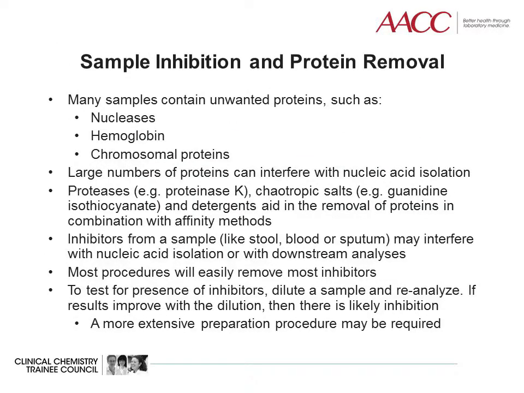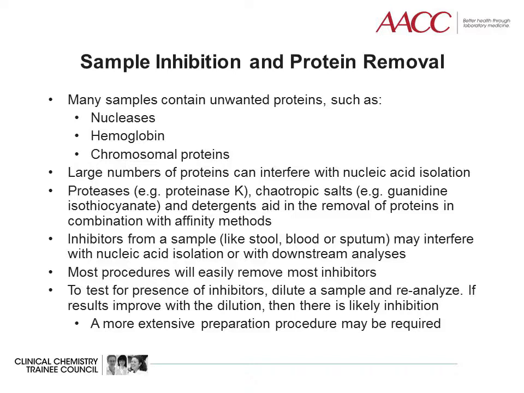Proteins in samples can interfere with nucleic acid isolation or with downstream analyses. Proteases, chaotropic salts, or detergents are common additives in a nucleic acid preparation procedure that will effectively denature or degrade proteins in the sample. Further isolation of nucleic acids through washing or concentration steps will further remove proteins and other potential inhibitors.